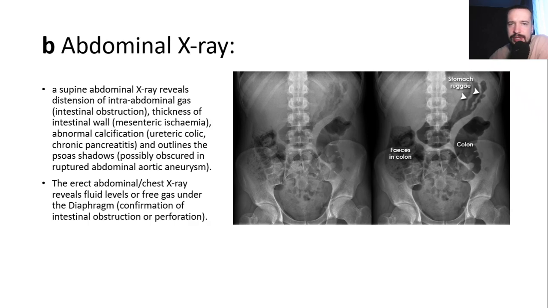I need to tell you guys that more often it doesn't really help us in every disease. We use X-ray of the abdomen when we need to find free gas in the abdominal cavity, and when we need to find intestinal obstruction. These are two situations where X-ray really will help us to find the disease.